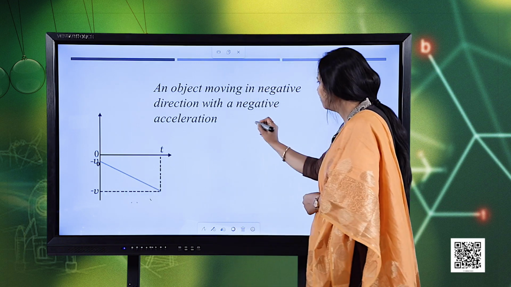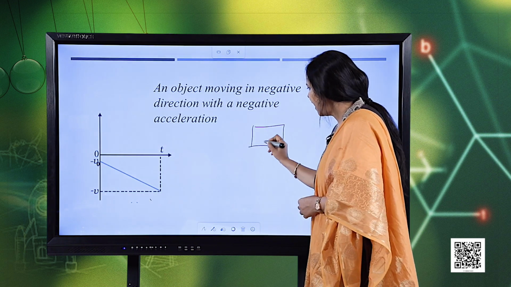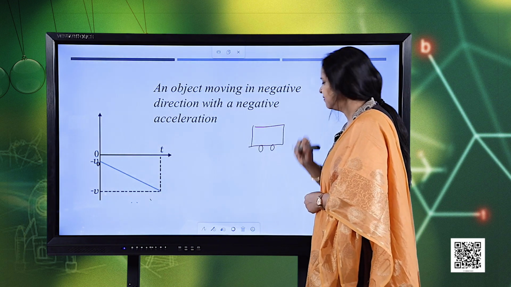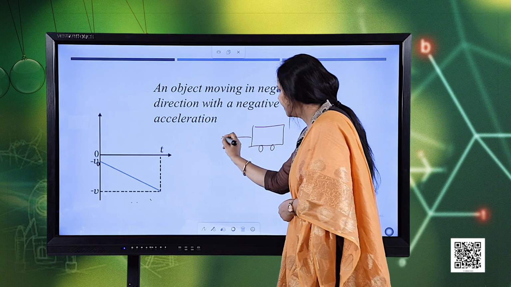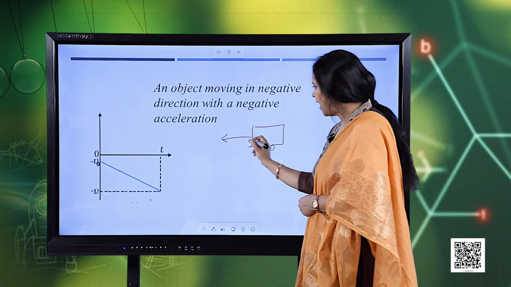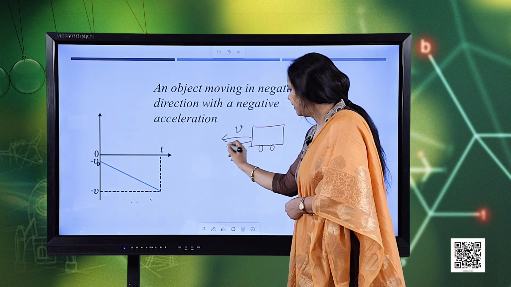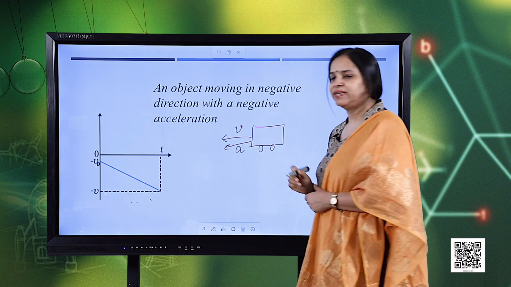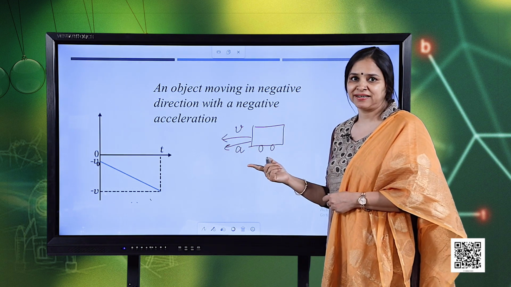So, again I consider a bus which is moving in the negative direction and its acceleration is also in the same direction, that is, the negative direction.